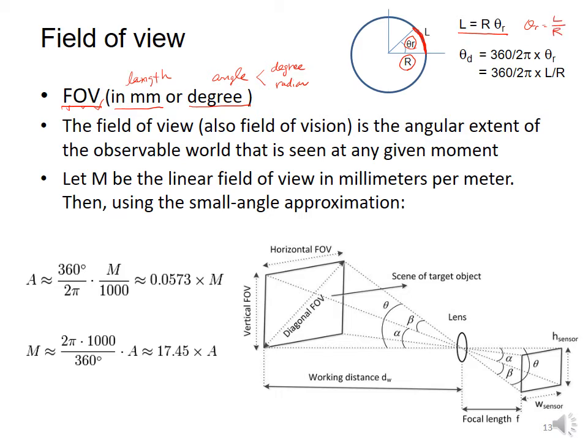This equation is for conversion from radian angle to degree angle: 360 divided by 2 pi. By multiplying this number by the radian angle, you get the degree angle. So this is the final equation for conversion.